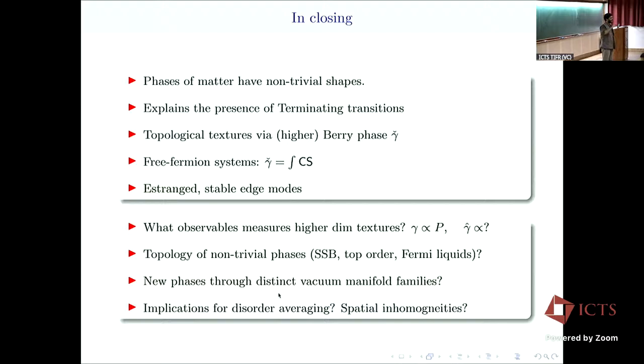It tells you whether there exist non-trivial wrappings of spheres and things like that. And this can be given a solid mathematical formulation, because dealing with the topology of infinite dimensional manifolds is by no means an easy exercise in mathematics.